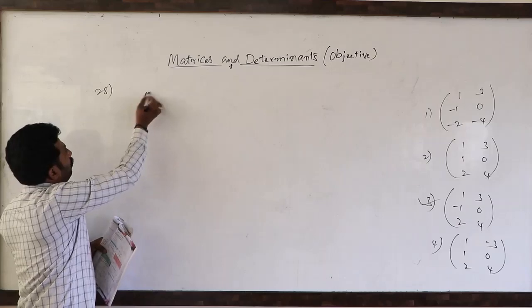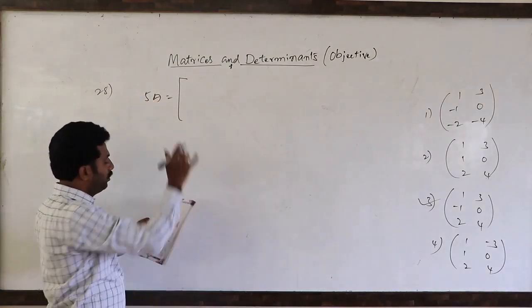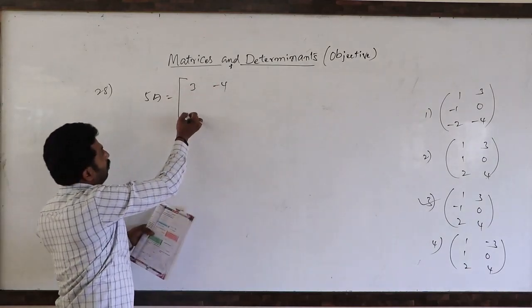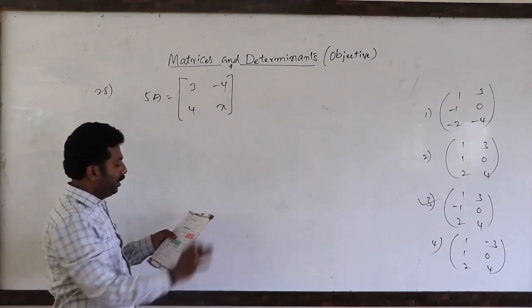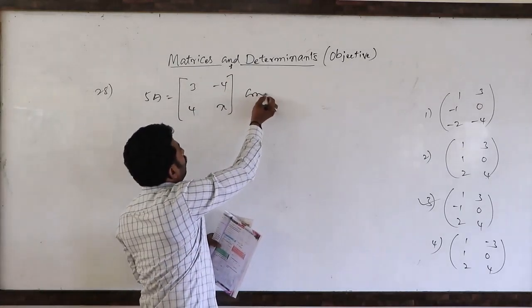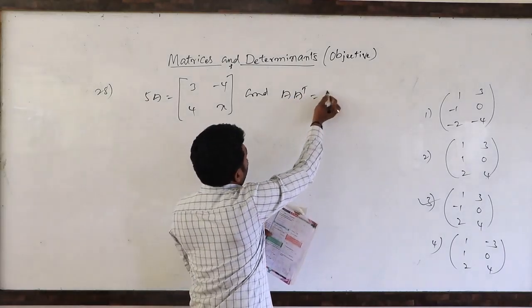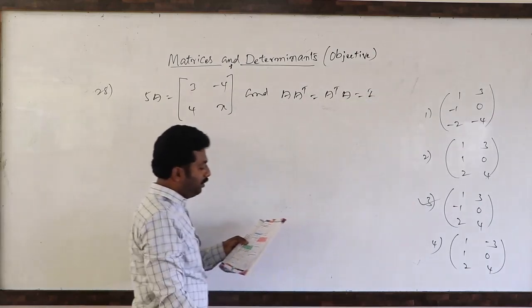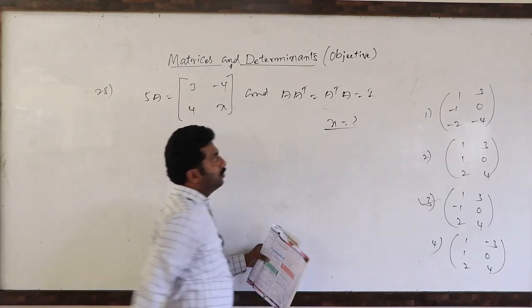If 5A equal to one square matrix they gave, 3, minus 4, 4, x, and A transpose equal to A inverse, A transpose A equal to identity matrix, then what is the value of x they are asking.